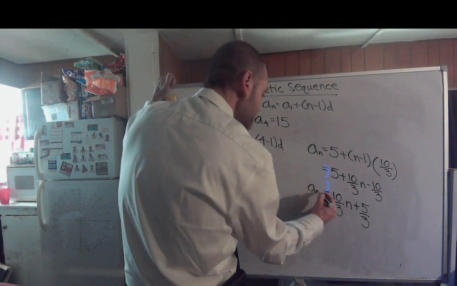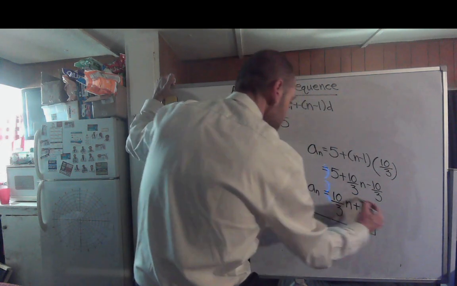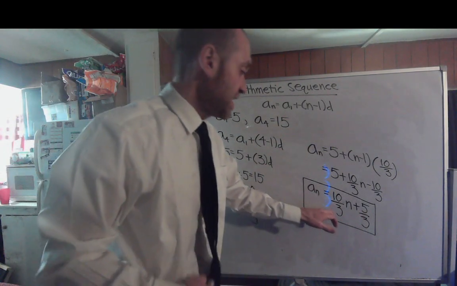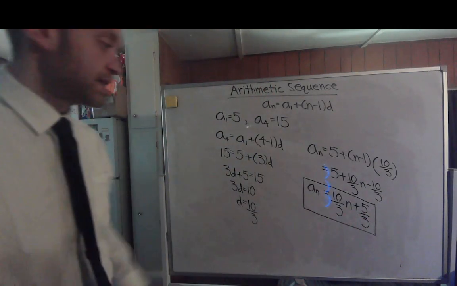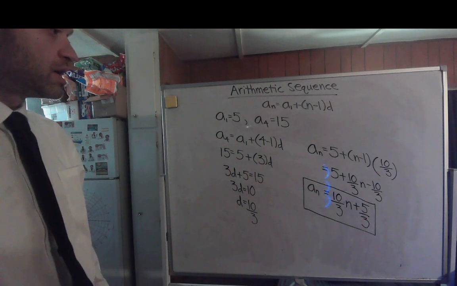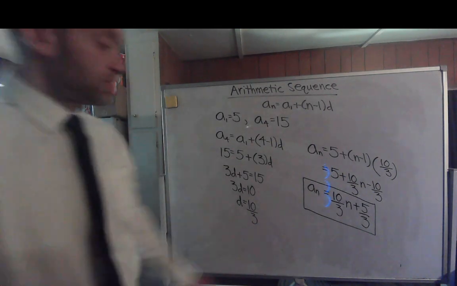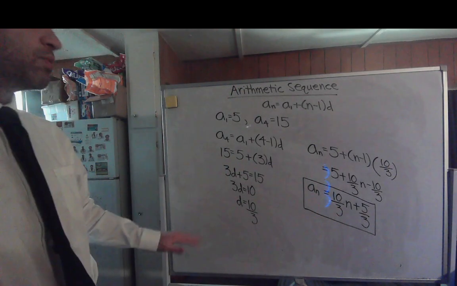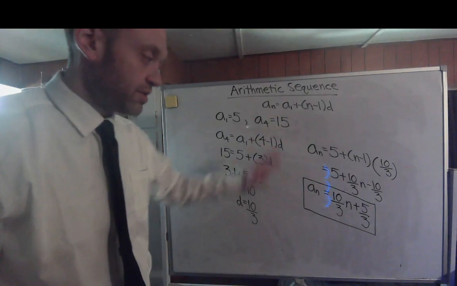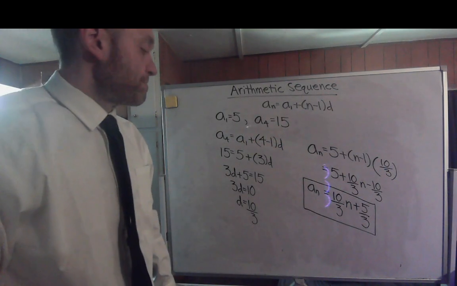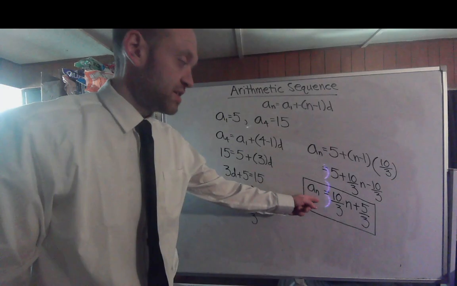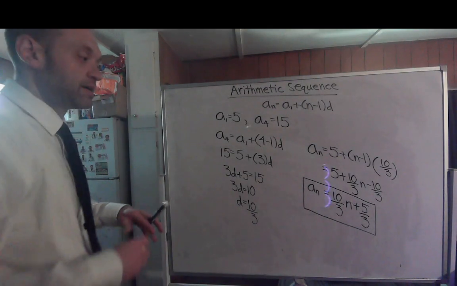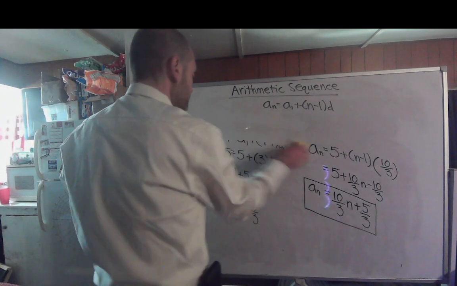So the explicit formula for the nth term of this sequence is going to be a sub n equals 10/3 n plus 5/3. So that is how you would find the explicit formula when you're given the first term and some other term. And then, of course, with this explicit formula, you could find any term of the sequence you want. Let's do another one similar to this.